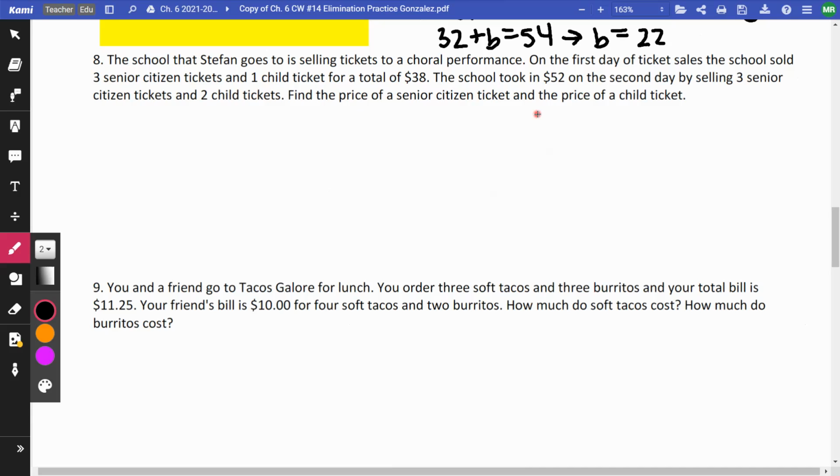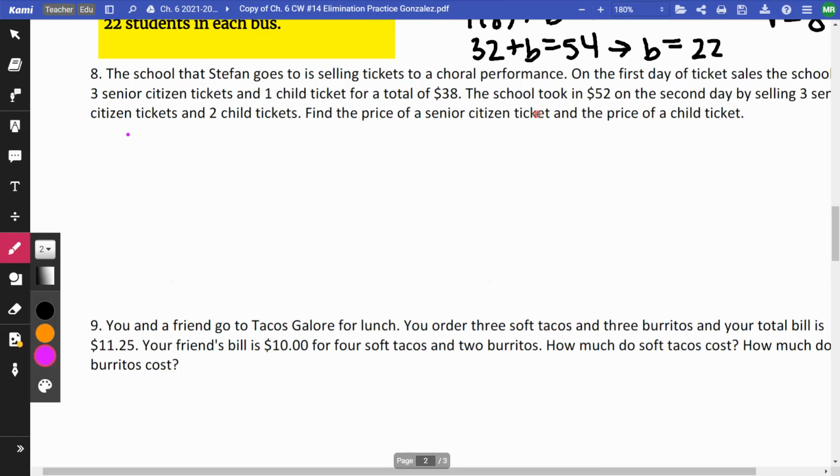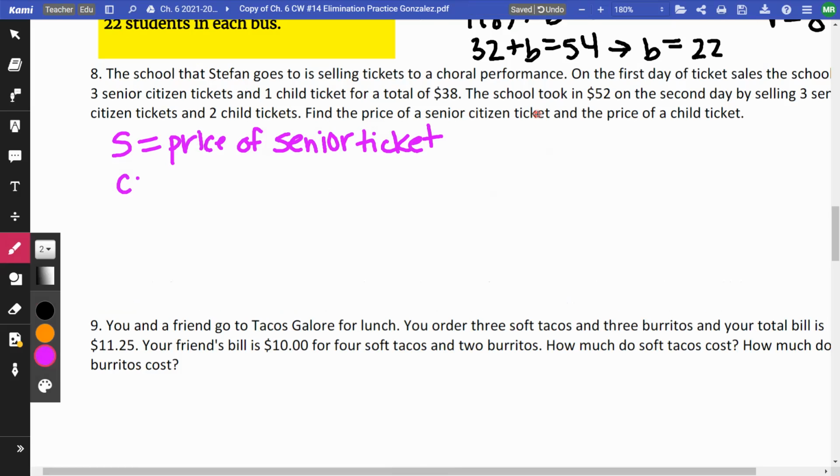So I am going to let S equal price of senior ticket, and I'm going to let C equal price of child ticket.